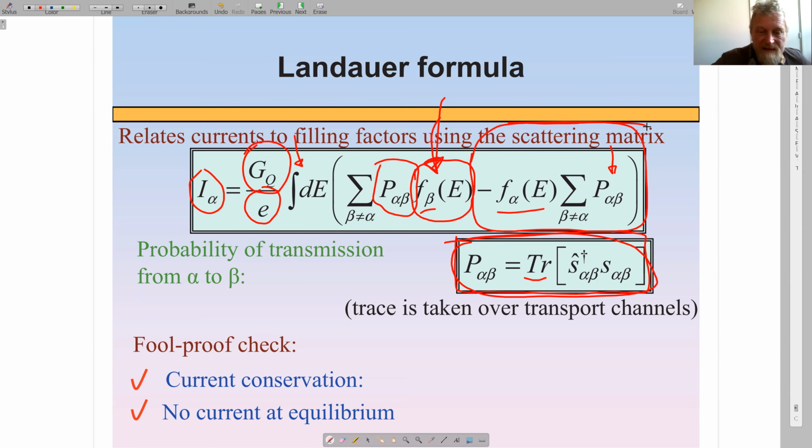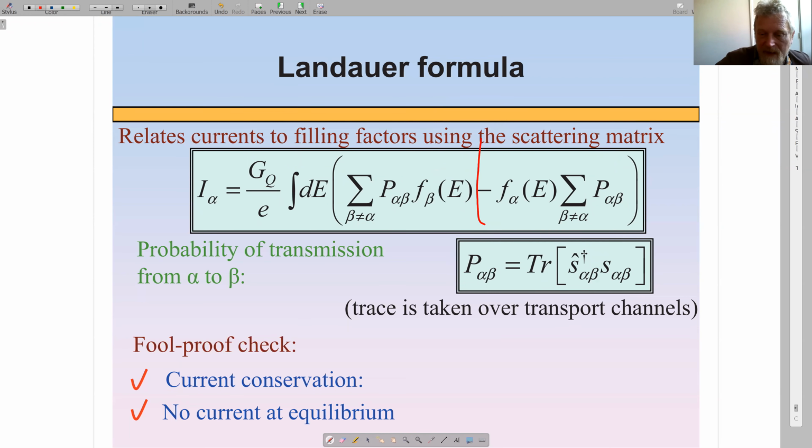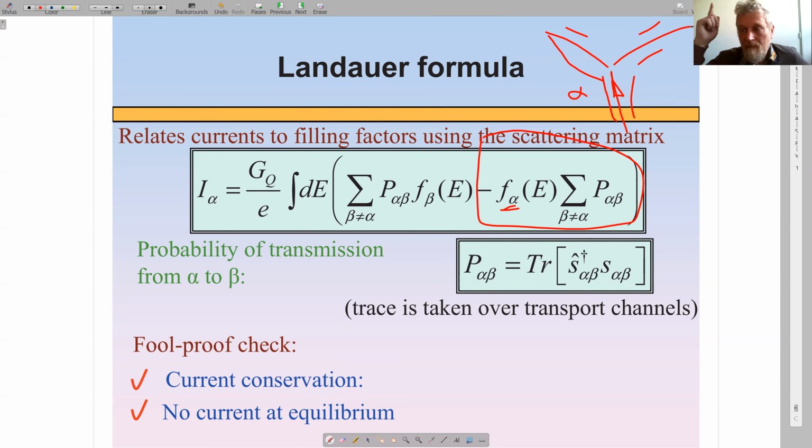No, that is taken into account by this term. Let us see. This term has a minus sign, and it depends on the filling factor of the same terminal. Let me draw it. So that's all other terminals. Look at terminal alpha only. So electrons come. Some of them are transmitted. Some of them are reflected.